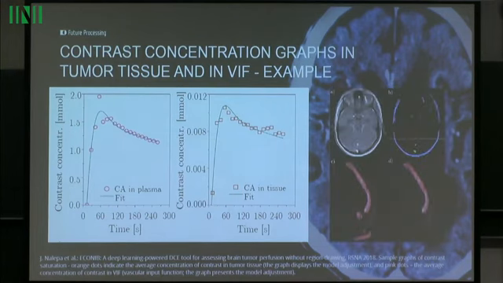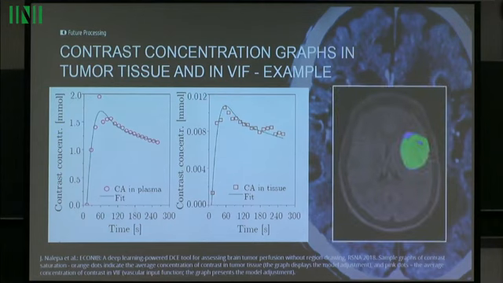This curve is for the vascular input region, and the second is for tissue. You'll see that the curve is different, the values are different, and we can have a look at the shape of the curve, which actually is meaningful. The shape changes, and that's important to know how, for instance, the patient responds to the treatment.